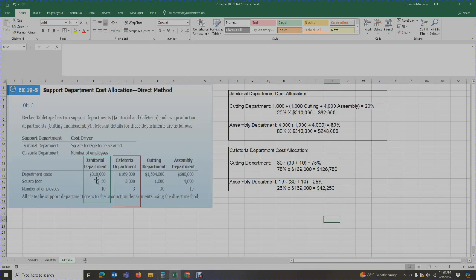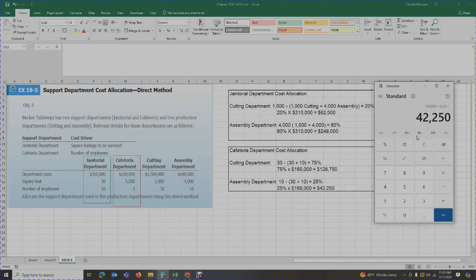The total janitorial department cost is 310,000. We are allocating 62,000 to cutting and 248,000 to assembly. The total gives me my 310,000.